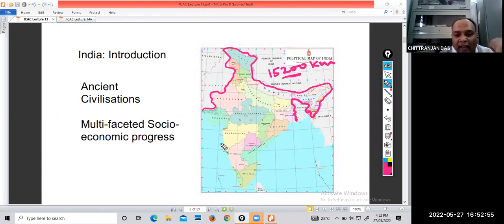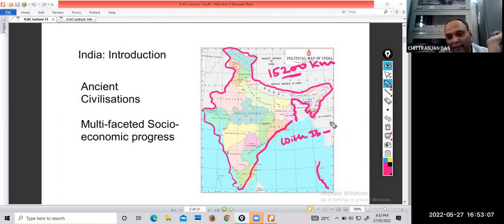And if you take our coastline, which includes the islands or without islands, if we take it with islands, then it is 7,517 kilometers, and without islands, it is around 6,100 kilometers.